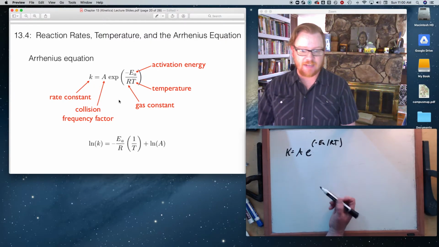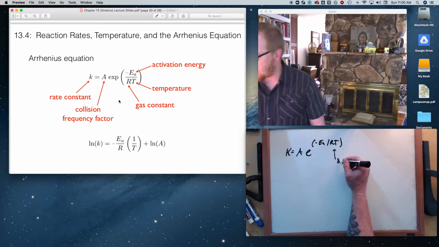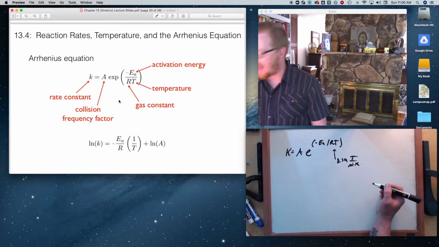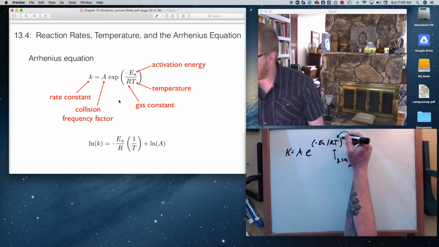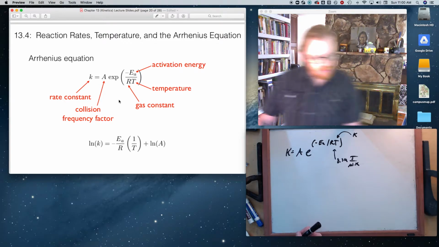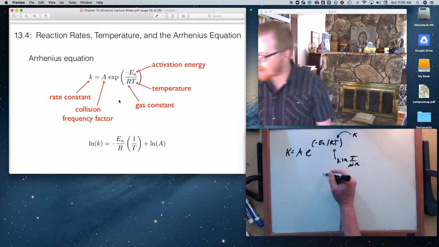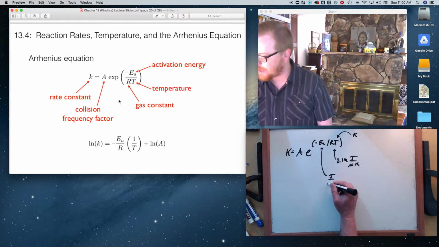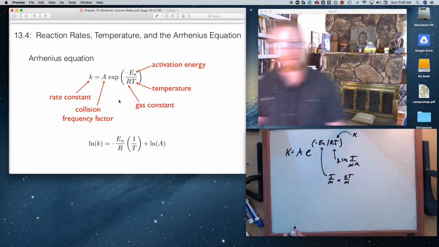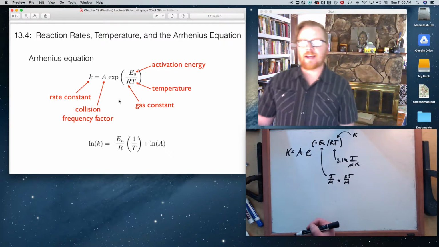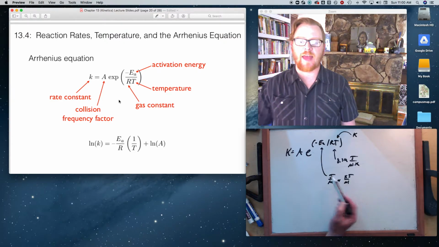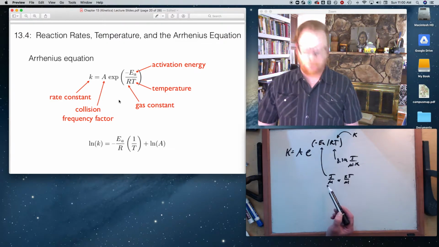R is my gas constant, and of course that's 8.314 joules per mole K. So that means temperature has to be in units of Kelvin. And that means my activation energy is in joules per mole or kilojoules per mole. Either one is okay, but recognize when you're doing calculations with this, if you have R in joules per mole K, you've got to have your activation energy in joules per mole.